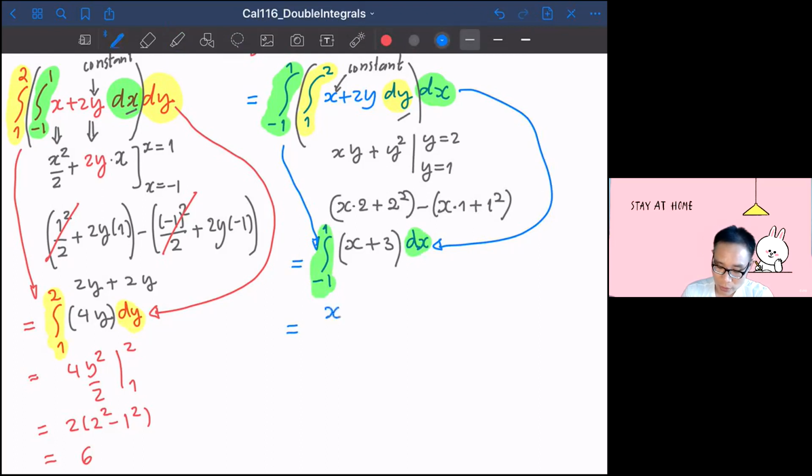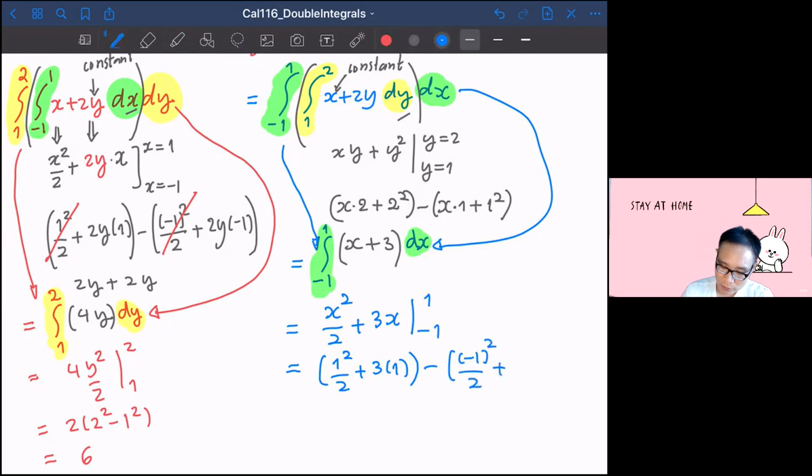So it's going to be x squared over 2 plus 3x from -1 to 1. This allows me to get 1 squared over 2 plus 3 times 1 minus -1 squared over 2 plus 3 times -1. And this would be just 3 plus 3 equal to 6.